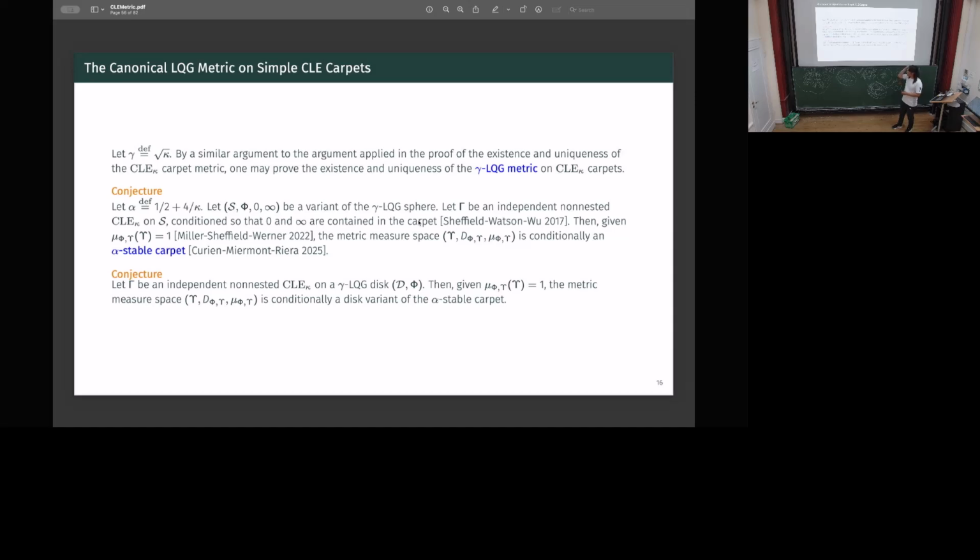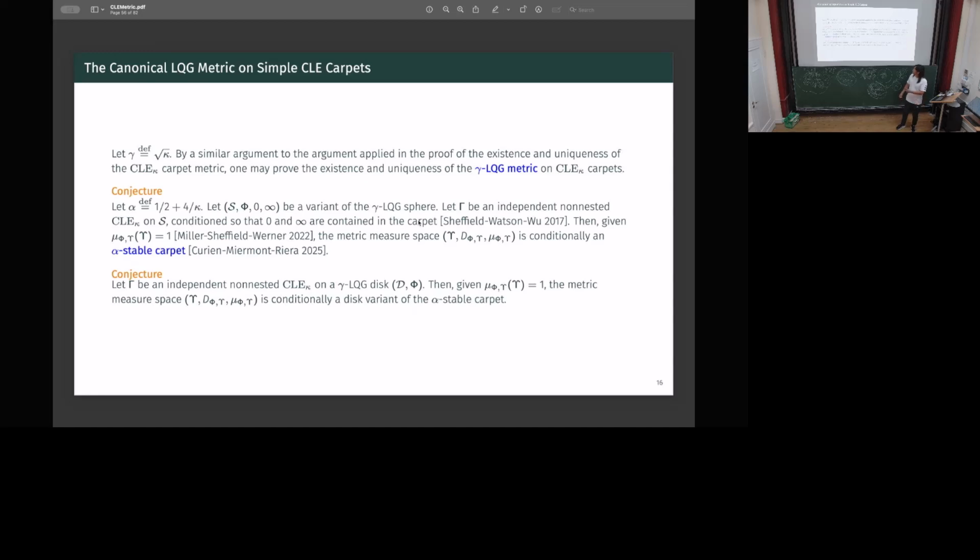But you could, say, take the outermost cluster that surrounds the disk or something like that, and then select a cluster in some way. And also in their construction of stable carpet, there are also two typical points. They are also equipped with two typical points in the carpet. But in that case, their 2 points are somehow resampling invariant, right?